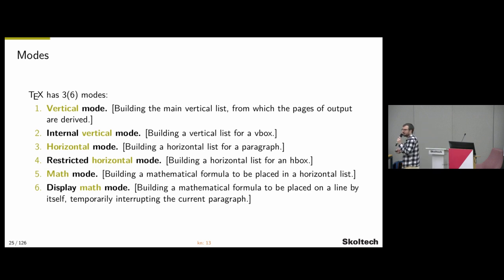But also, TeX has one more division: horizontal mode and vertical mode. As the names suggest, the horizontal mode puts the blocks together horizontally, and vertical mode puts the blocks vertically.